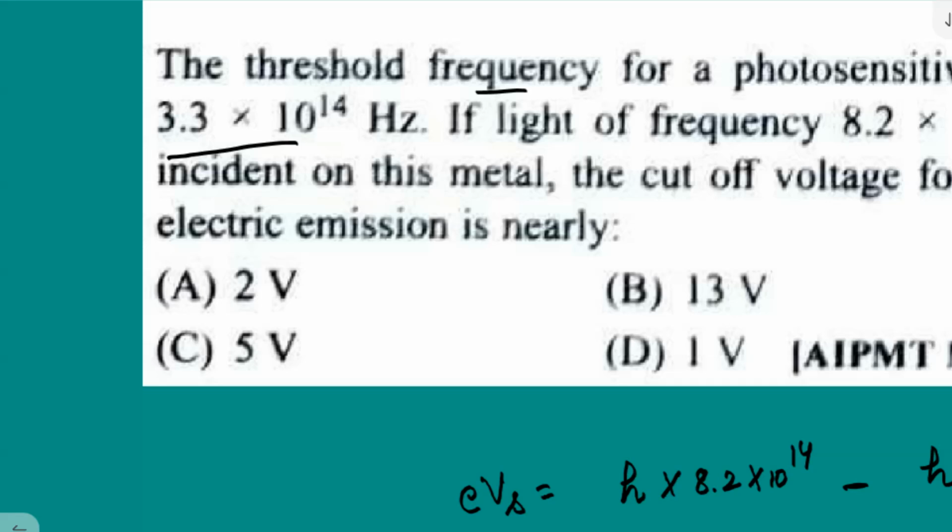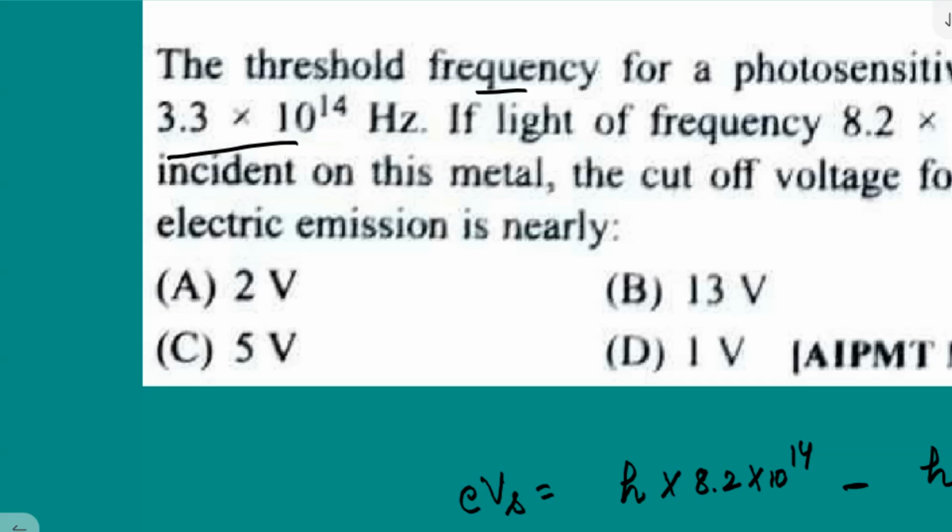Now from this, Vs will be equal to value of h, which is 6.626 into 10 raised to the power minus 34, into 4.9 into 10 raised to the power 14, divided by value of e, that is 1.6 into 10 raised to the power minus 19. Now minus 19 and 14 will get added, and this will give us 10 raised to the power minus 33 in the numerator.